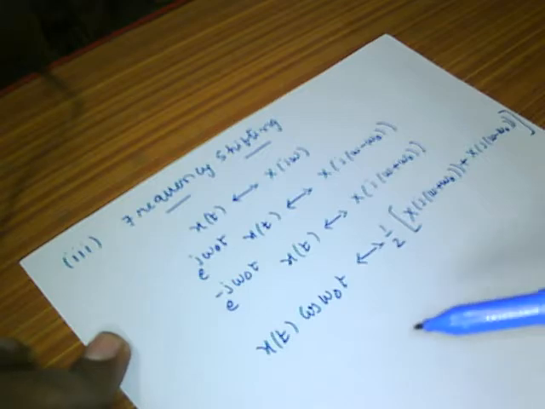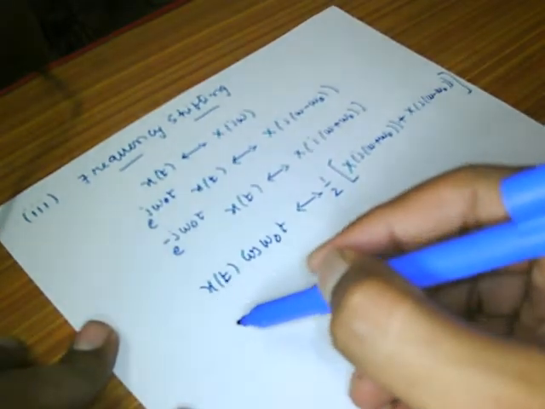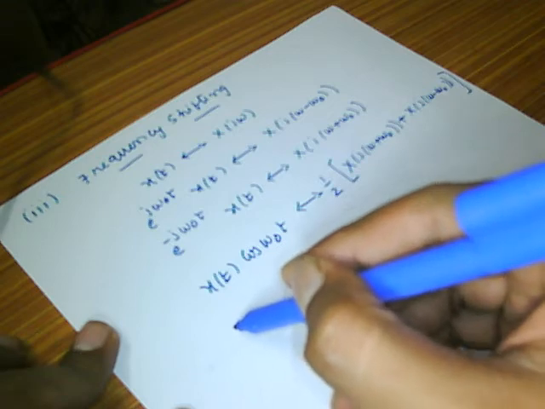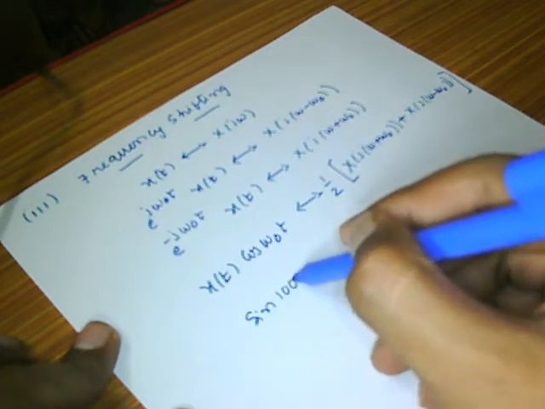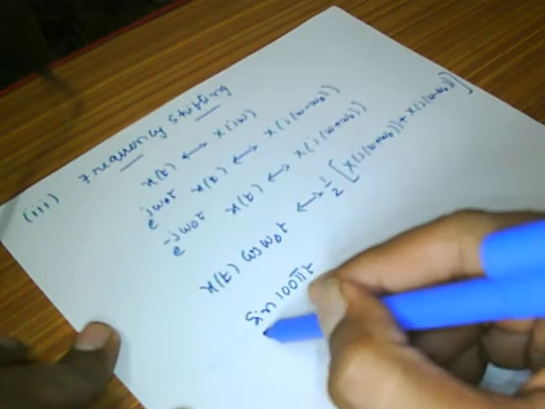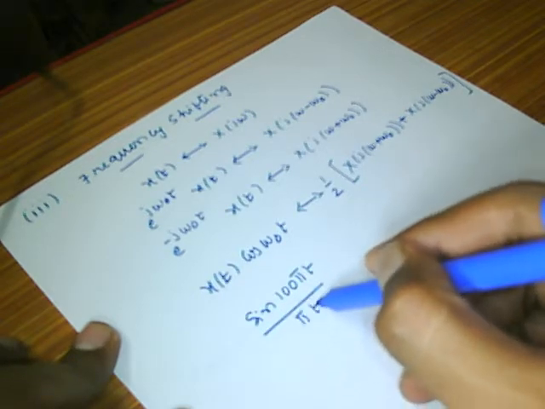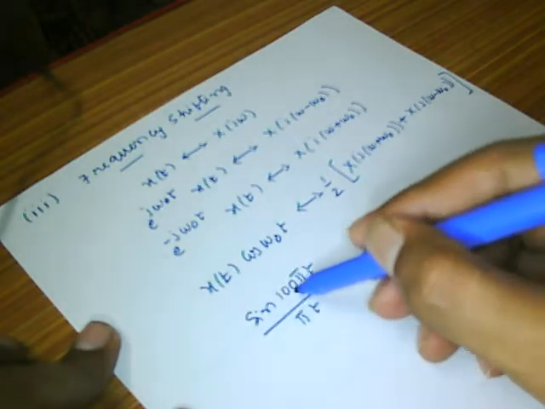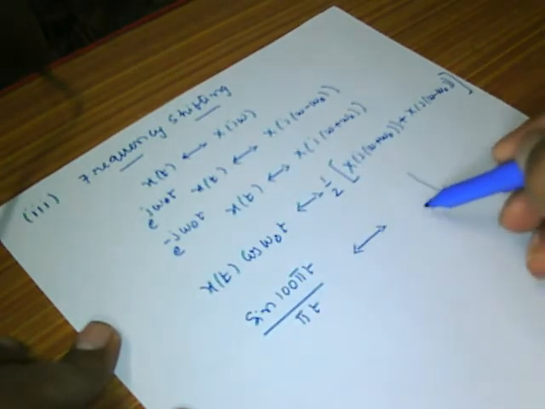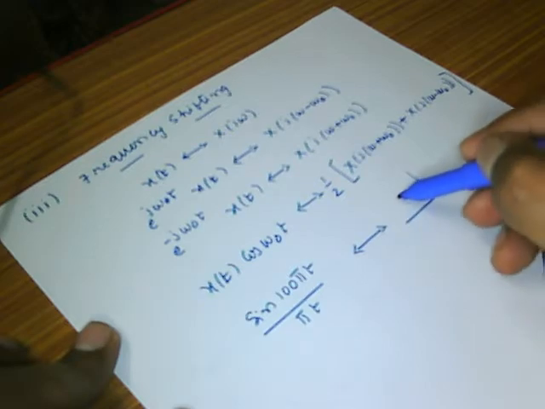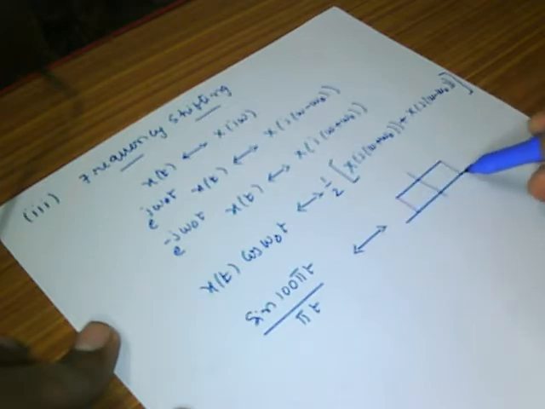So again here we will take a small example. For example, I have a signal like this, sine of 100 pi t by pi t. So just now we have seen that sine wt by pi t will have a rectangle signal from minus w to plus w, where for us w is 100 pi.